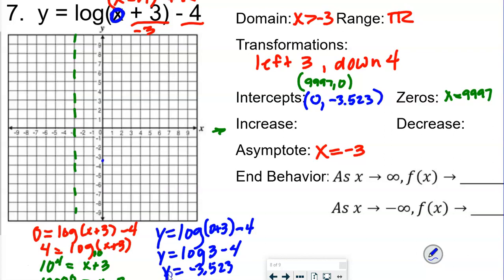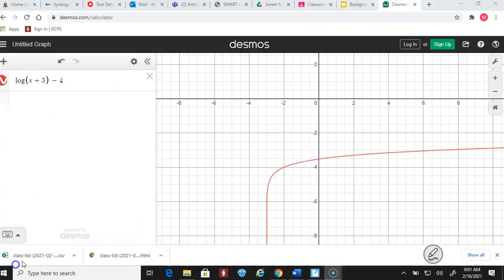Then we could find a few more points, but at this point we know that this graph is going to go on forever and ever, so we can look at it on Desmos if we want. Here's the graph in Desmos, and we could pick a point out here, let's say at 10, and see where it's at. It's at -2.877, so basically a little bit less than -3.